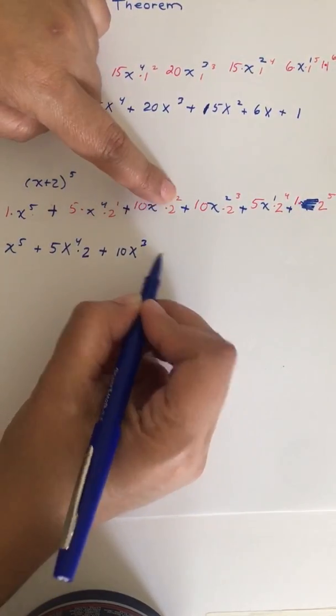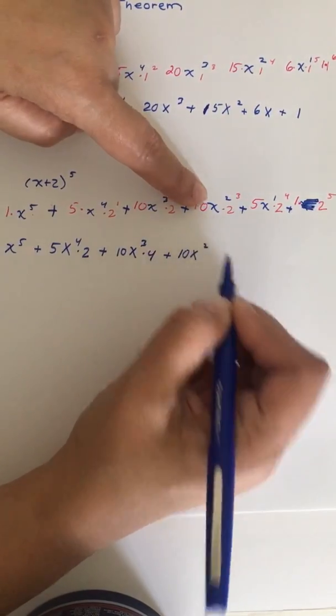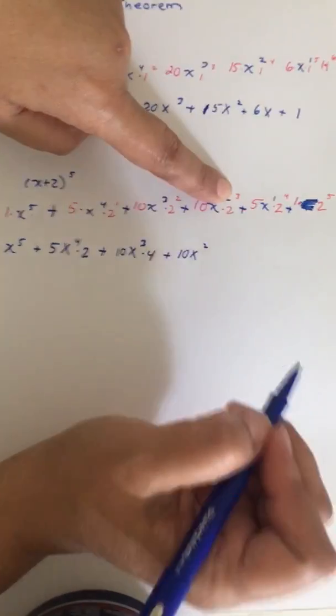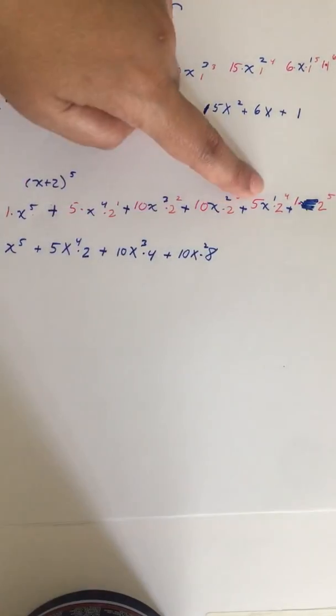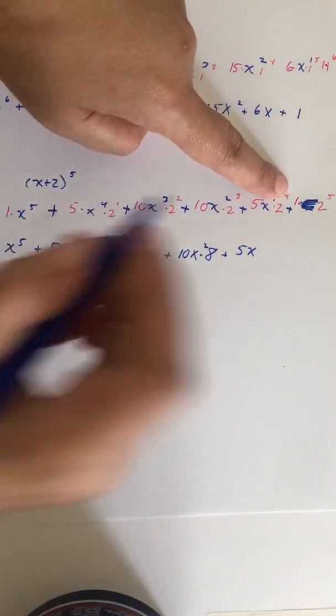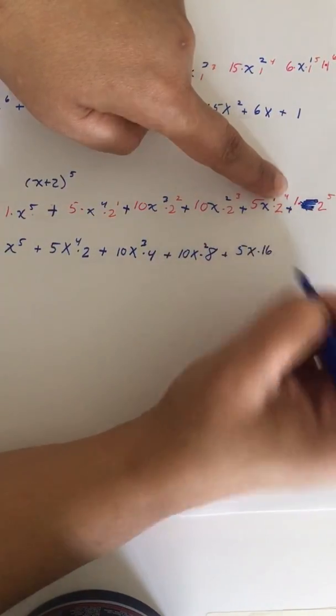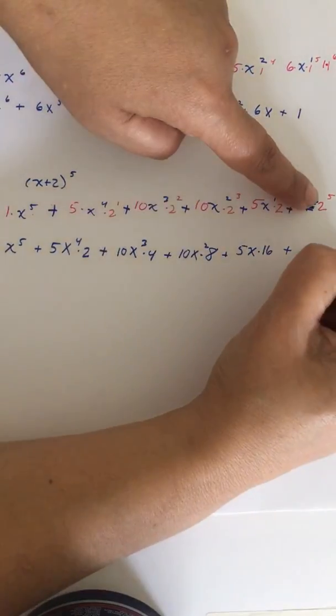Simplify the 2 squared, that's 4. 10x squared. Simplify 2 to the 3rd. So that's 8, so that's going to be times 8. 2 to the 4th power, that's 16. And then the last one, 2 to the 5th power, is 32.